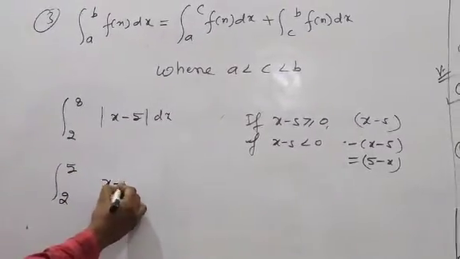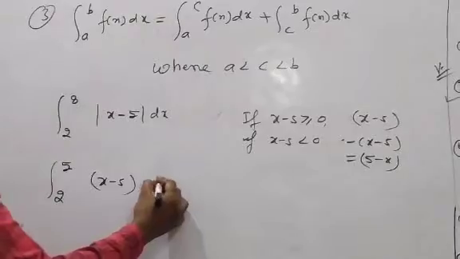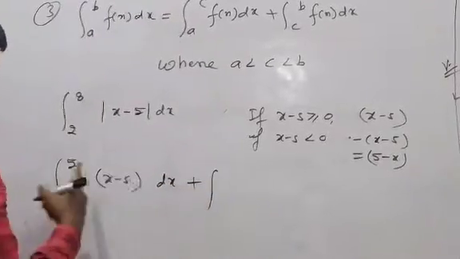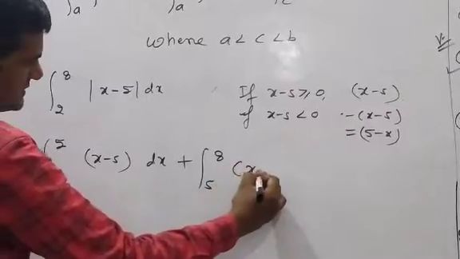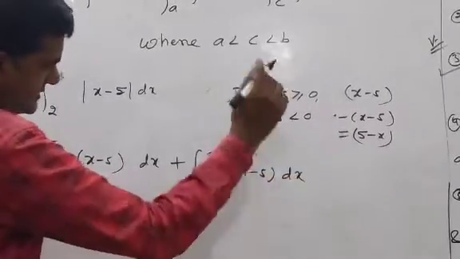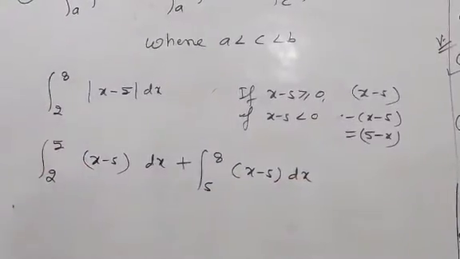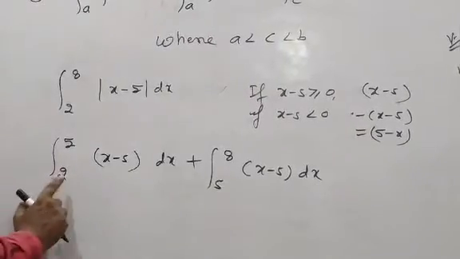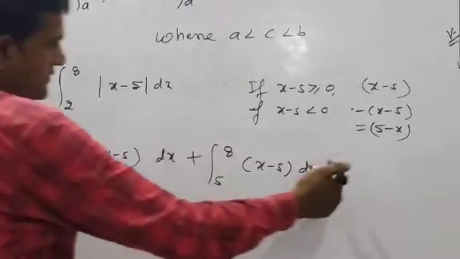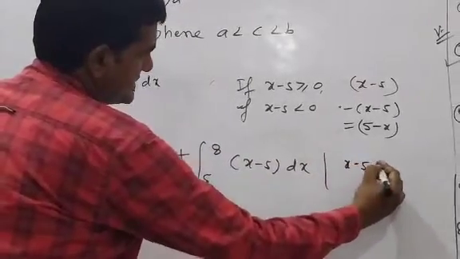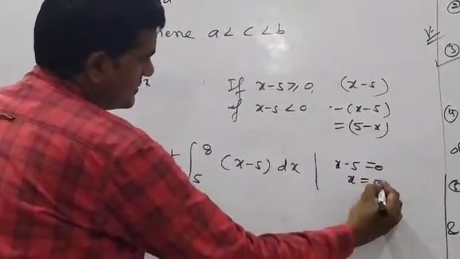The integral of f, that is x minus 5, dx, plus the integral from 5 to 8 of x minus 5 dx. Any problem? Very good. Whatever the value, first of all, the simple way: x minus 5 is equal to 0, so x is equal to 5.